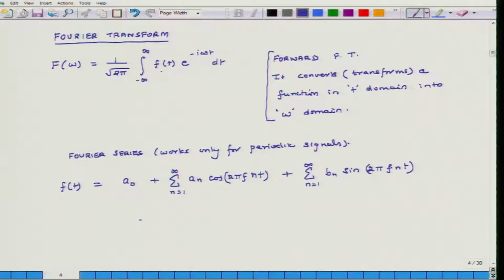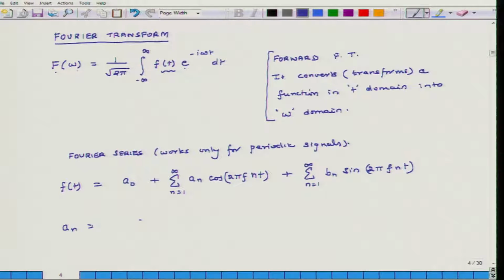Here I have this function and it is being multiplied by, and what does this F of omega represent? It represents, in some sense, the value of this Fourier transform at omega. And what is a n?